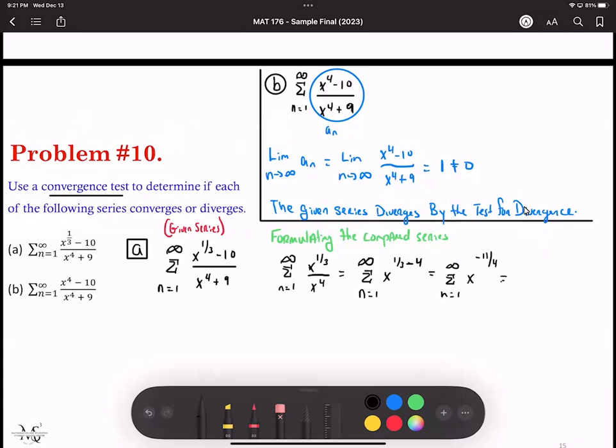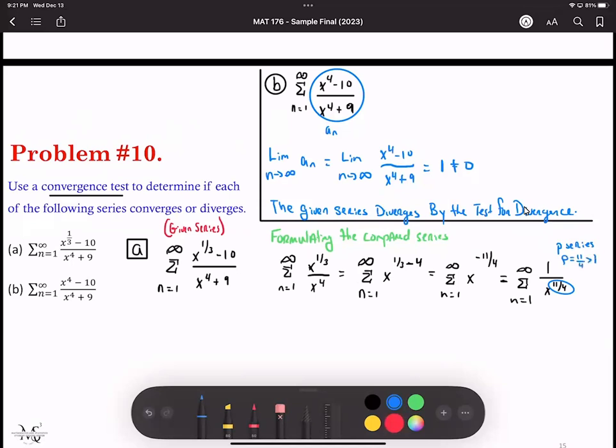And you could rewrite this now using positive exponents. You'll get 1 over x to the power of 11 over 3. This value, 11 over 3, is your p. So you have a p series where p is equal to 11 over 3, which is greater than 1.